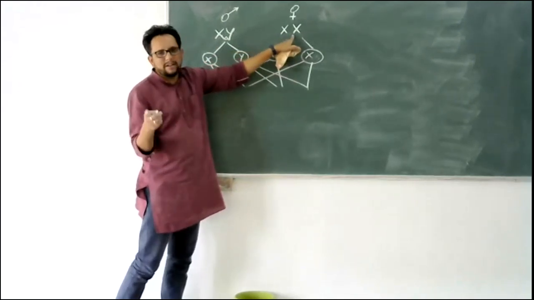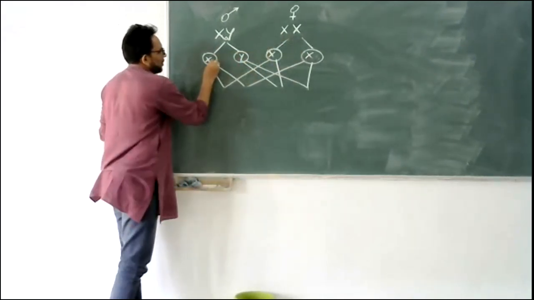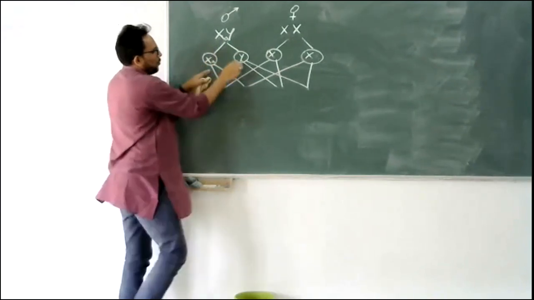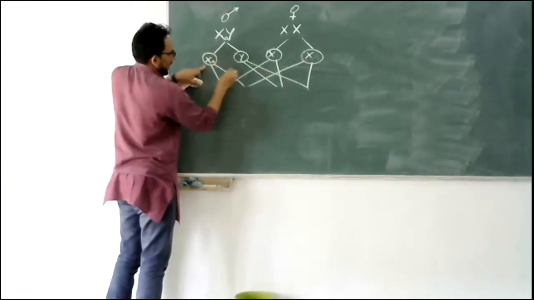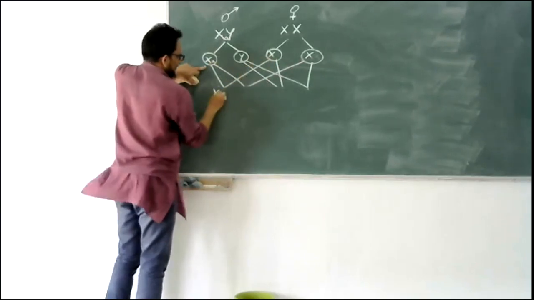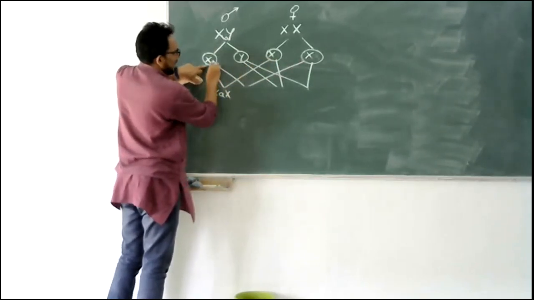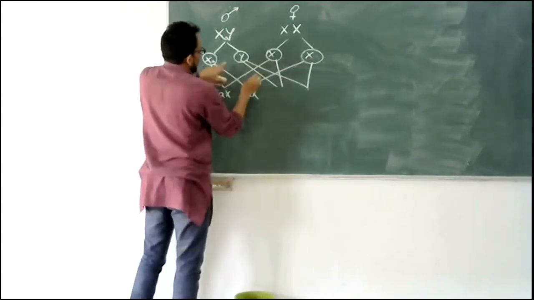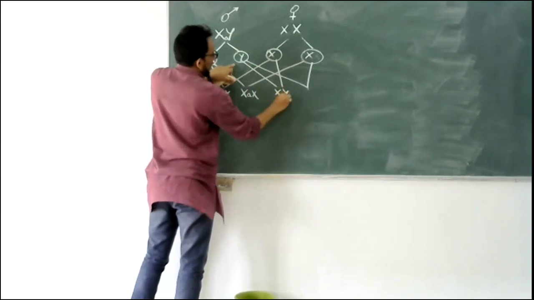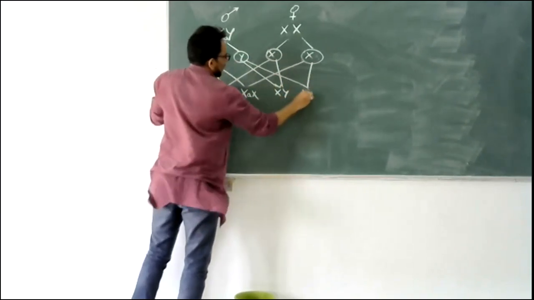The female, or the mother, is normal, so she will produce gametes XX, and the male produces XA and Y. So the possible combinations are XA and X, XA and X, then XY and another XY.